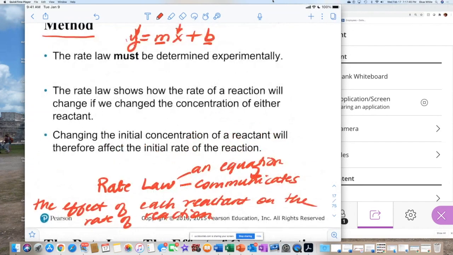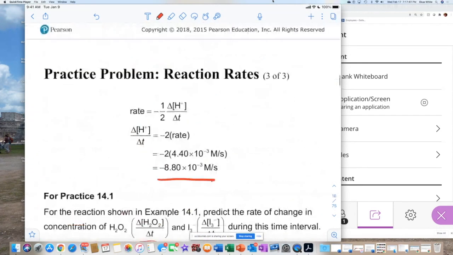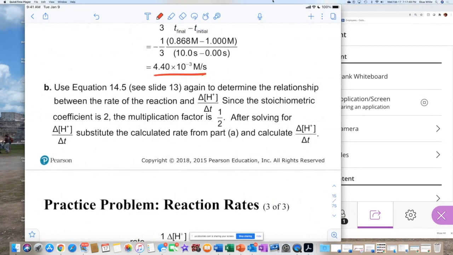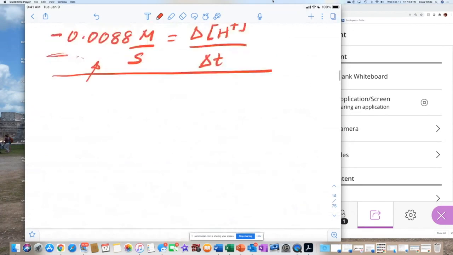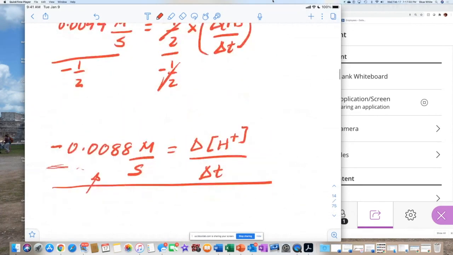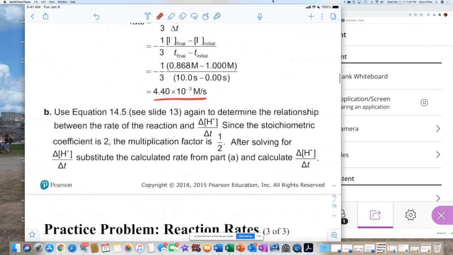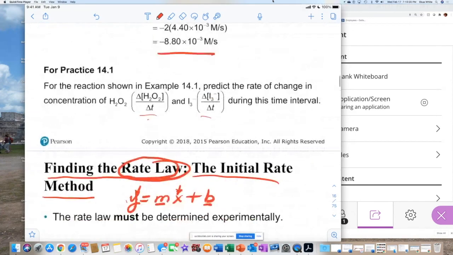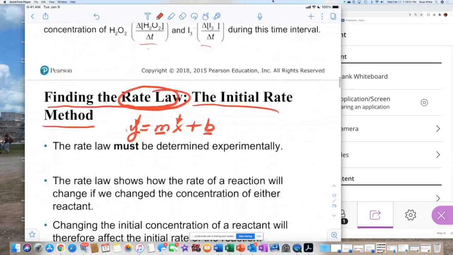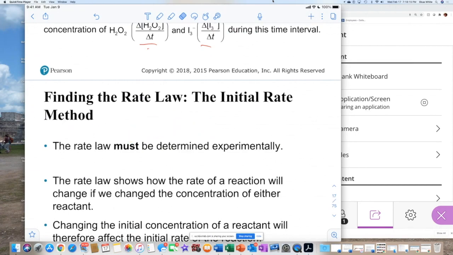Going back to what we just experienced, apparently the reactants can change in different amounts in the same given time if the coefficient is different. So each reactant can influence the rate differently. That's a possibility. The rate law is not a law that says, when this happens, that happens. It's not that kind of law. It's an equation that communicates the behavior of each reactant and its effect on the overall rate of the reaction.